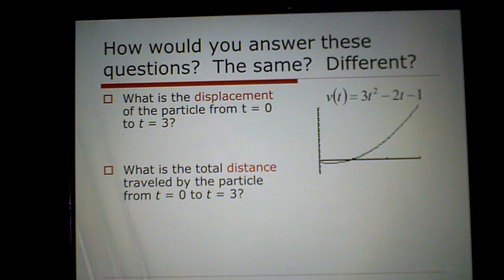Well, here's a graph of the quadratic velocity function from 0 to 3. Notice that velocity is negative from 0 to that x-intercept, and then is positive from that x-intercept after. So if you integrate from 0 to 3, you're going to integrate and sum some negative values and positive values.